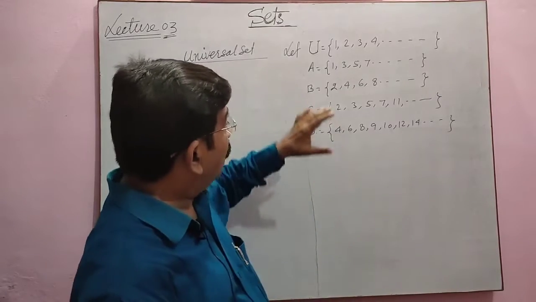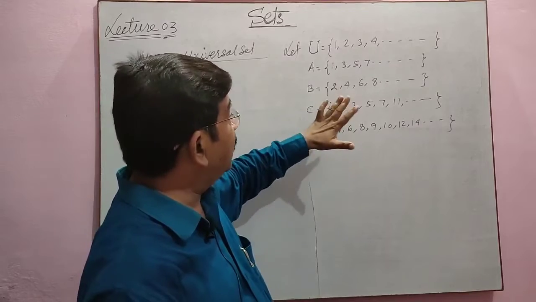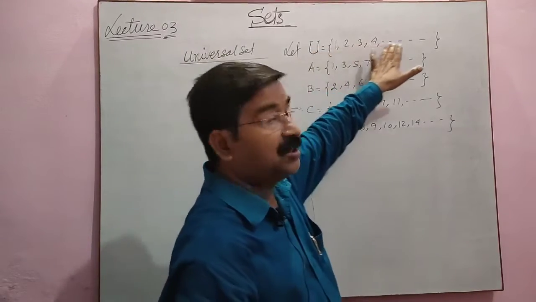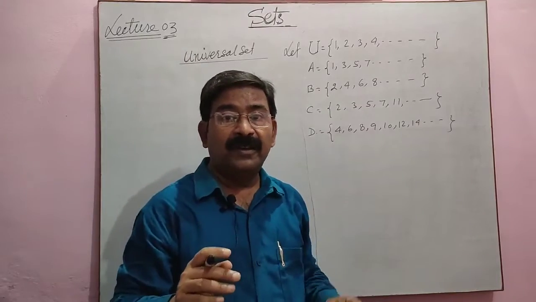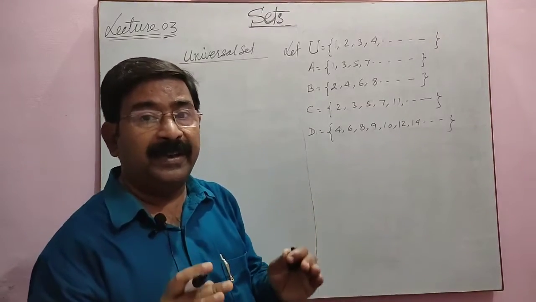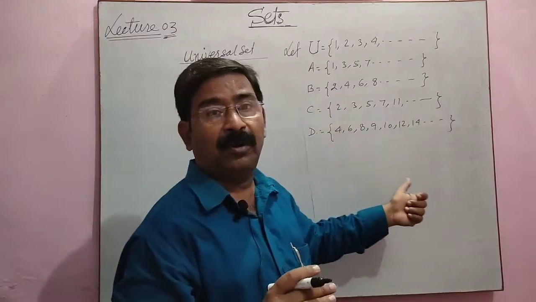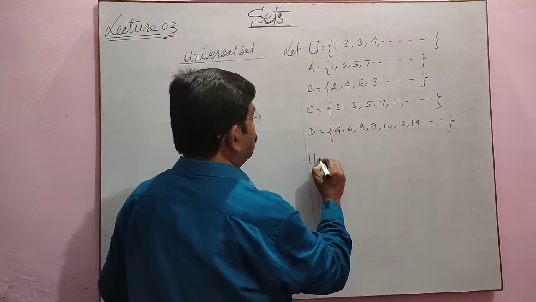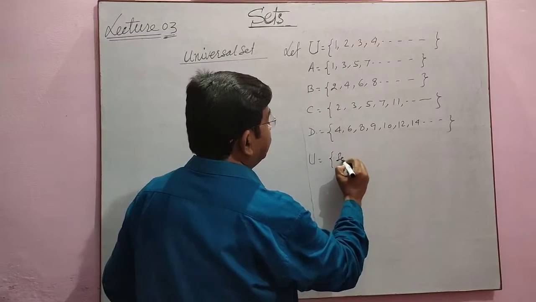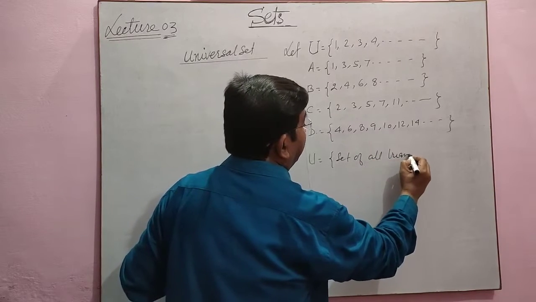So you can see all these sets A, B, C and D, their elements are contained in this universal set. So what I told, a universal set is a set which contains all the elements of sets of its own kind, here natural numbers.